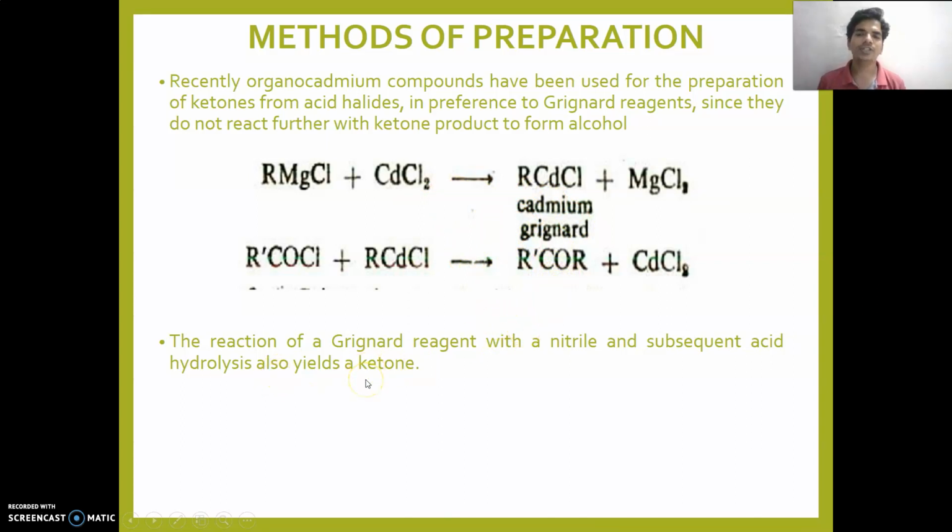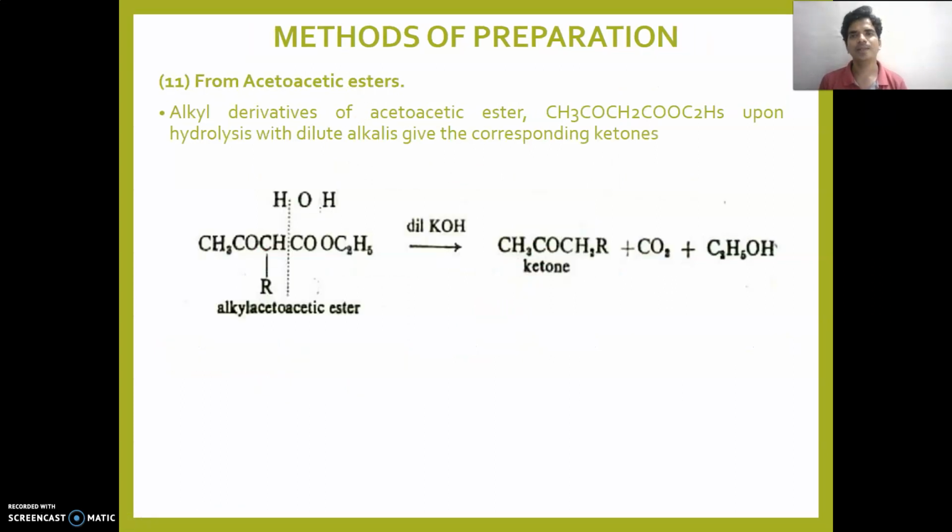So the reaction of Grignard's reagent with a nitrile and subsequent acid hydrolysis also yields the ketone. The next and last reaction is a method of preparation of ketone from acetoacetic ester. The alkyl derivative of the acetoacetic ester, that is CH3COCH2COOC2H5, upon hydrolysis with dilute alkali gives the corresponding ketone.